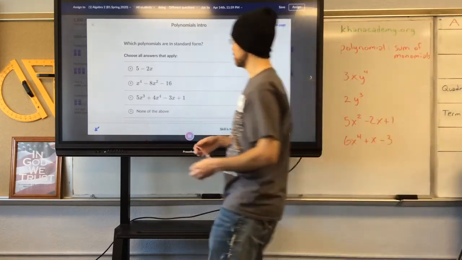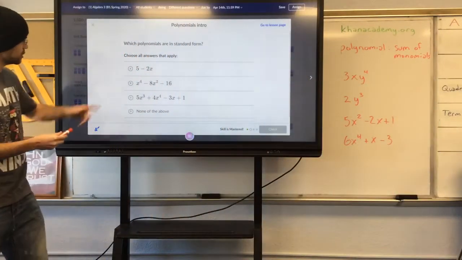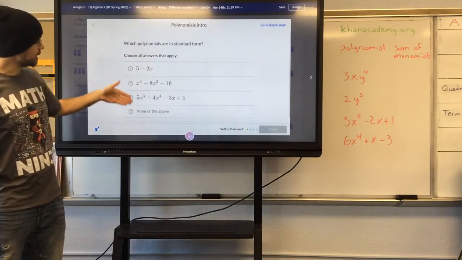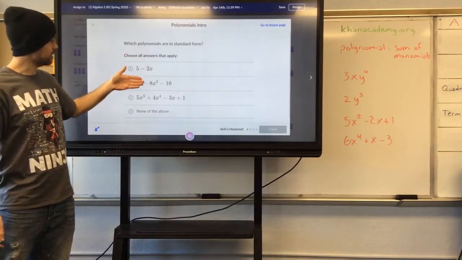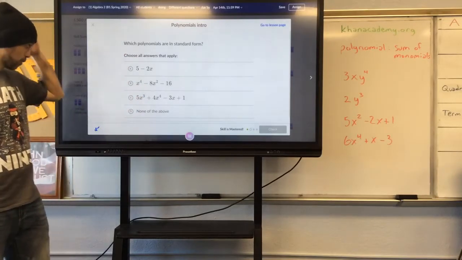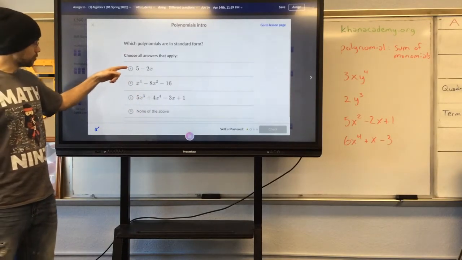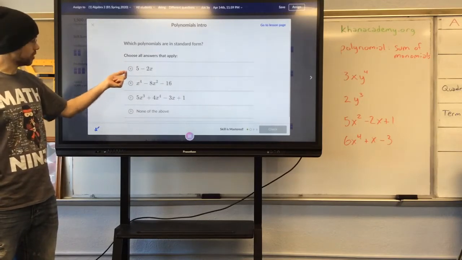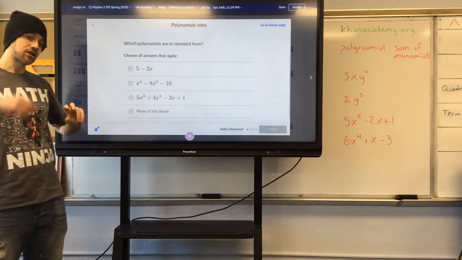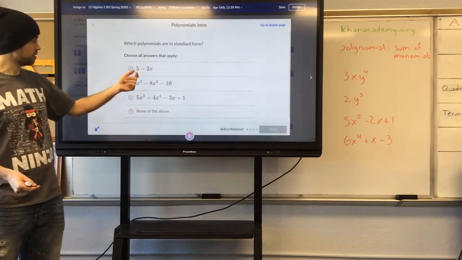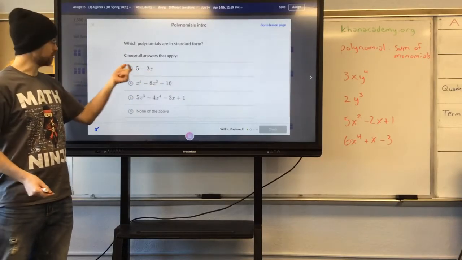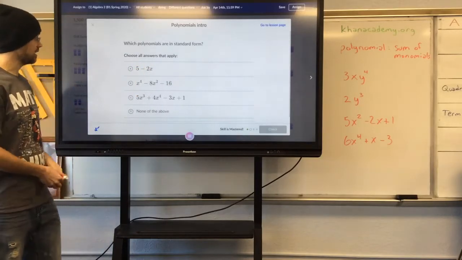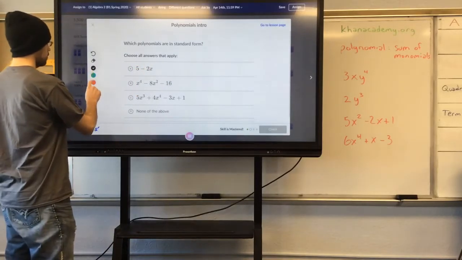So now we should be able to answer this question. They say choose all the answers that apply. That is, in each case we're asking ourselves which of these polynomials are in standard form. This first one, 5, has no variable, so that variable would be raised to the 0 power, so it would be 5x to the 0 minus 5x to the first. Well, 0 is less than 1, so this is not okay.